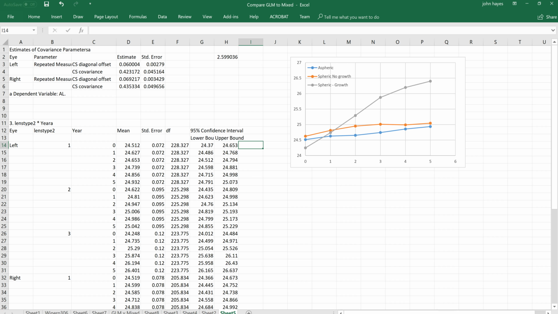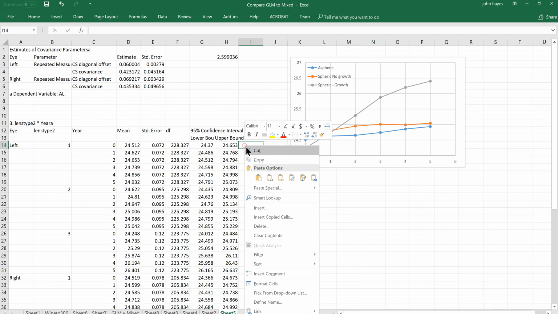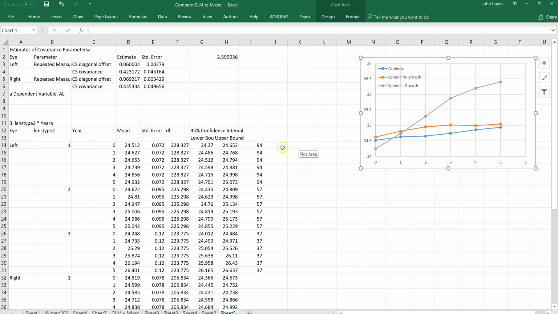Now we want the n, so let's come over here to our last one and just copy down our n's. Cheat a little. It's not really cheating. Okay, so we have sums of squares, we need the mean square. Actually, I'm going to take that back.